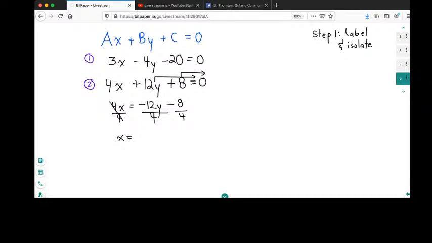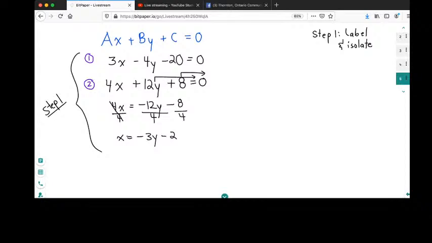Negative 12 divided by 4 is negative 3. The y is still attached. Negative 8 divided by 4 is negative 2. And so now we have our beautiful x isolated by itself. That's what we wanted. So here was our step 1. Yay! Let's go ahead and do step 2.